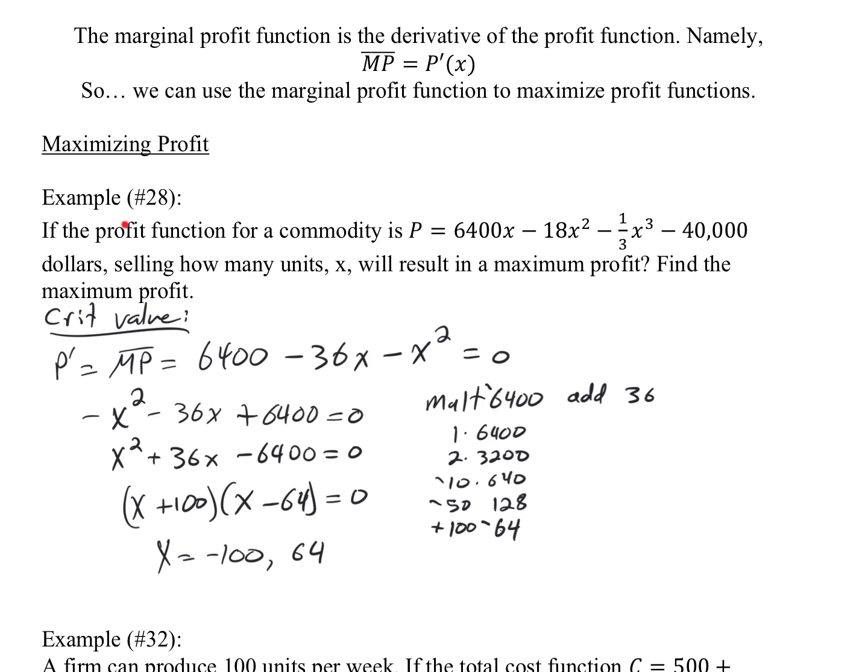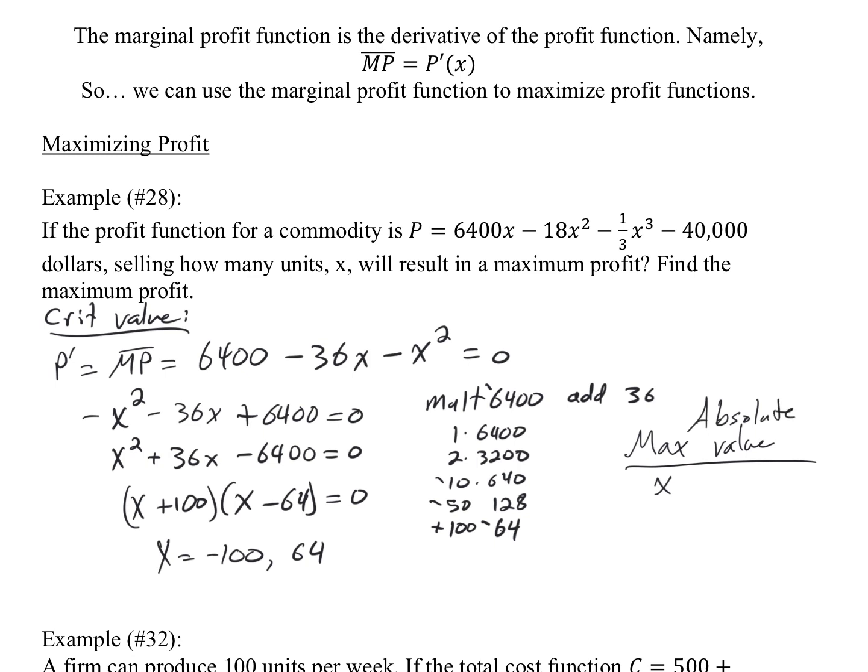All right, so this is a profit function. X is a number of units, so it doesn't really make sense to sell a negative number of units. When we go ahead and try to find the maximum value, we're going to come up with a table, because this is an absolute maximum.